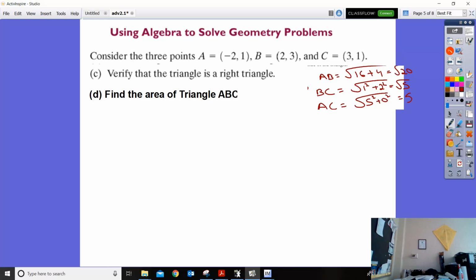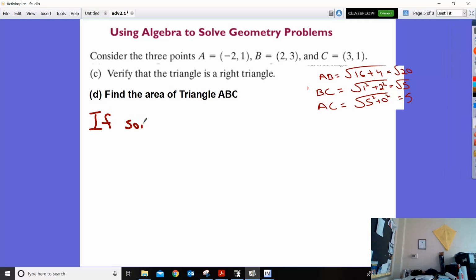Now, if something is a right triangle, what has to be true? What theorem has to be true?